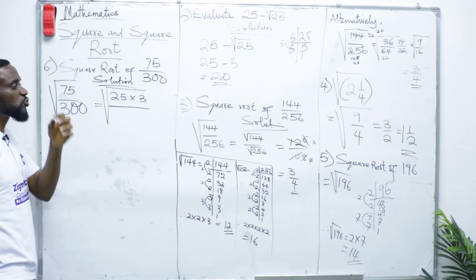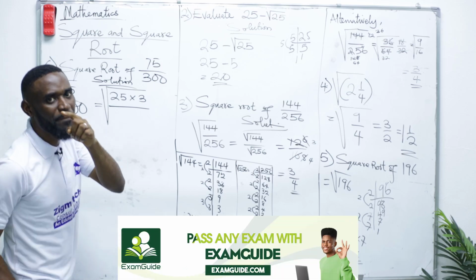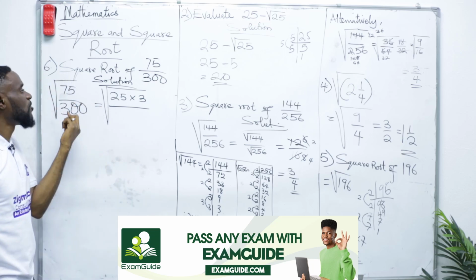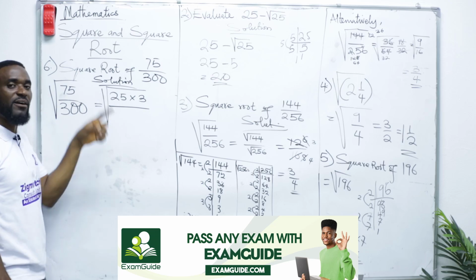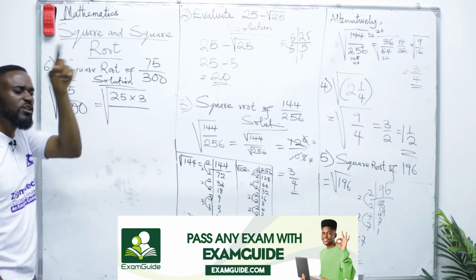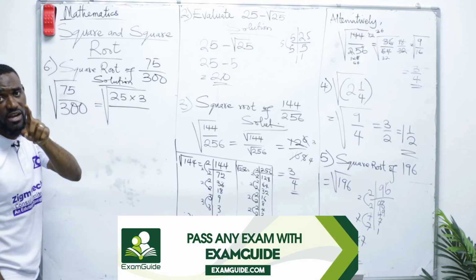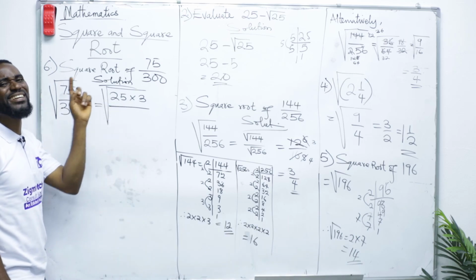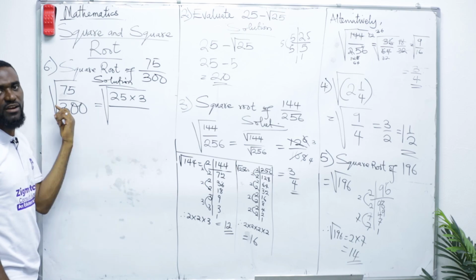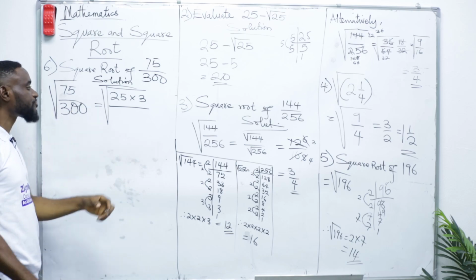So I want to bring out a perfect square of 75. For me to do that, what I can do is multiply a perfect square by something to give us 25. So 25 multiplied by 3 gives us what we have here. Okay?